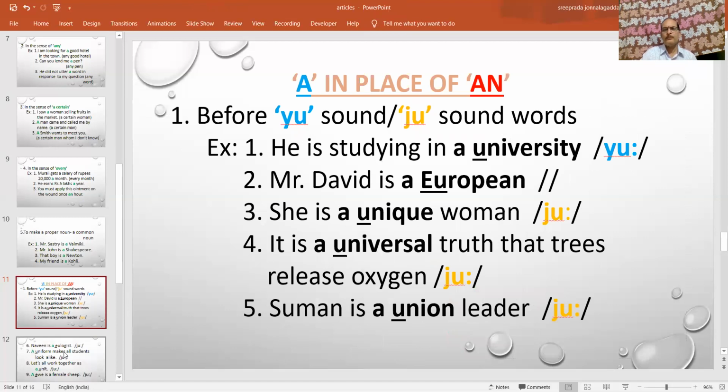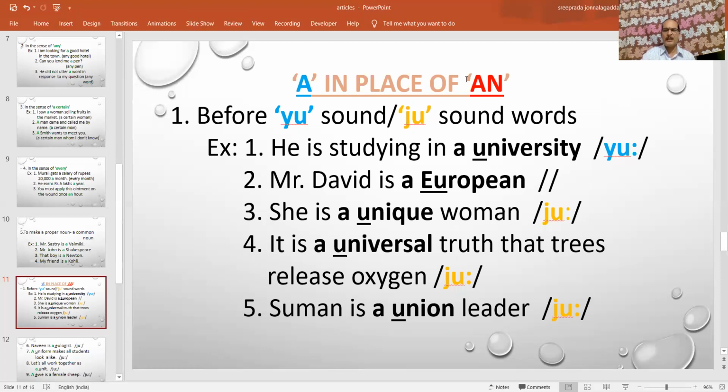Now, where do we use a in place of an? We should not think that if a word begins with a vowel letter, we should place an before it, and if a word begins with a consonant letter, we should place a before it.